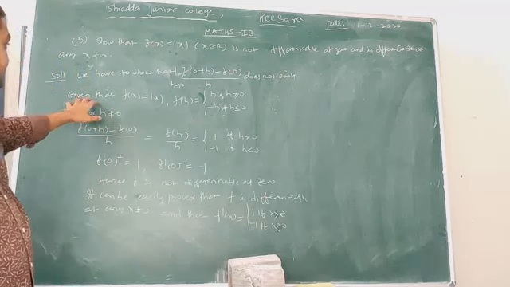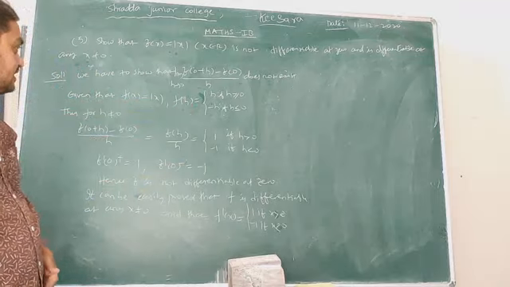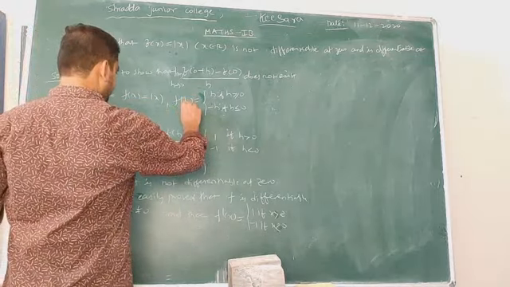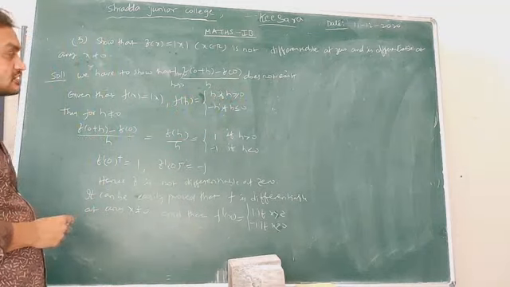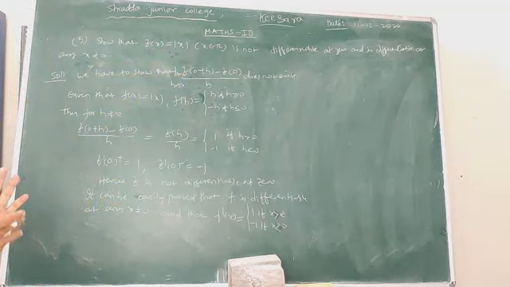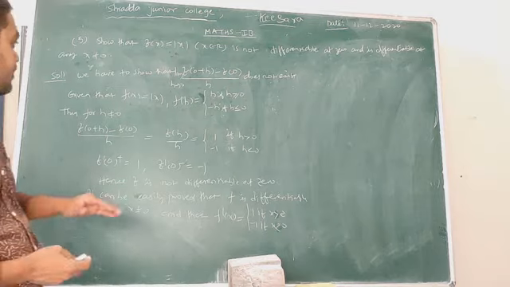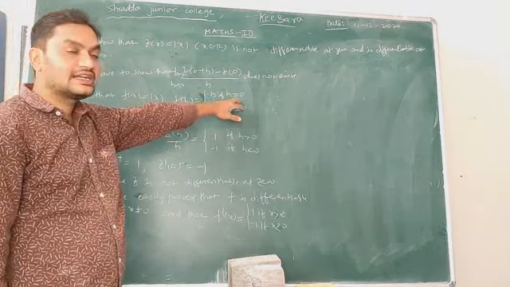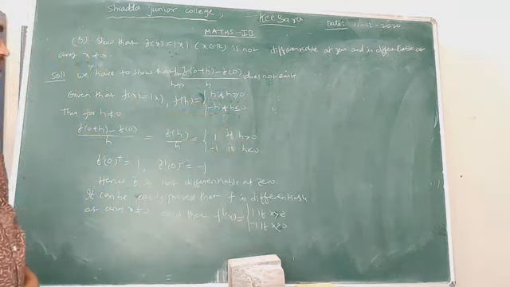Now what is f of h here? Mod x is given. When we remove the modulus, we get a plus or minus symbol. Plus x means x is greater than 0. Minus x means x is less than 0. So f of h equals h if h is greater than or equal to 0, and minus h if h is less than 0.